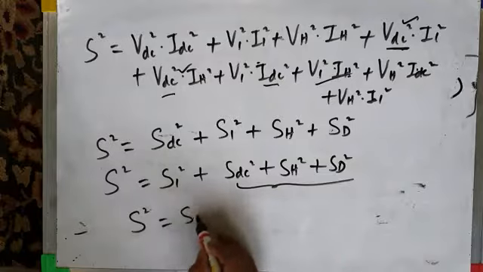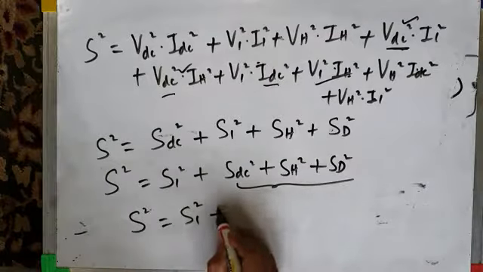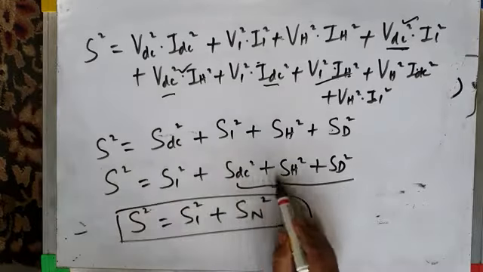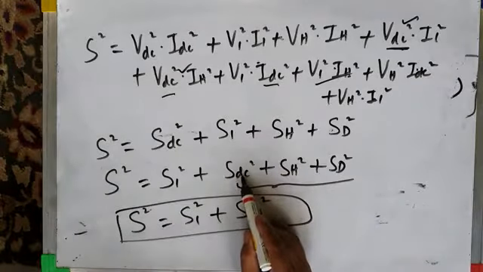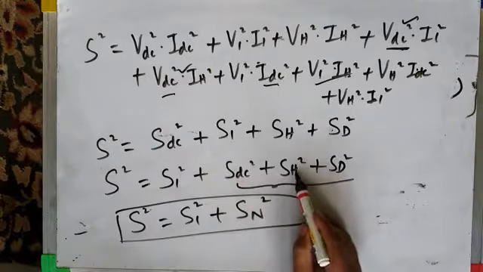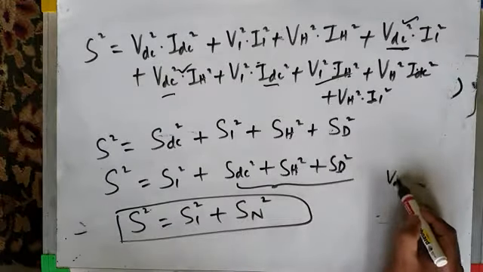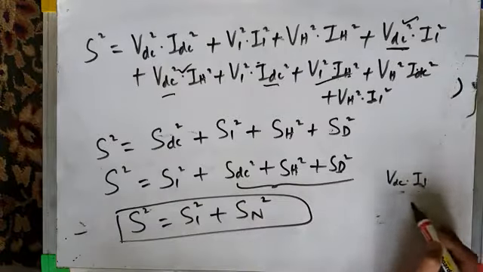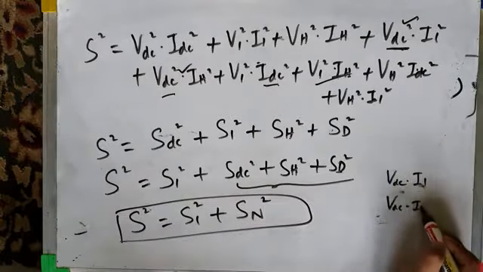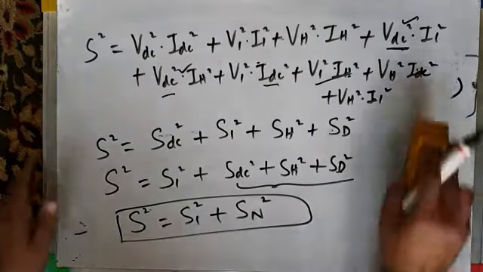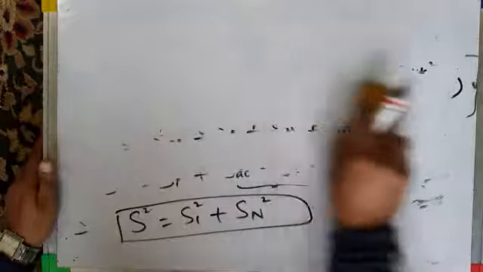So I can write S1 square, that's the fundamental apparent power, plus let us call this SN square, the summation of these three terms, that is the apparent power due to DC offset plus the apparent power due to harmonics in the voltage and current, plus the distorted or distortion apparent power, which is because of either the DC component and fundamental component, DC component and harmonic component, and so on. So it's like this. Okay, so that is the final expression for apparent power.